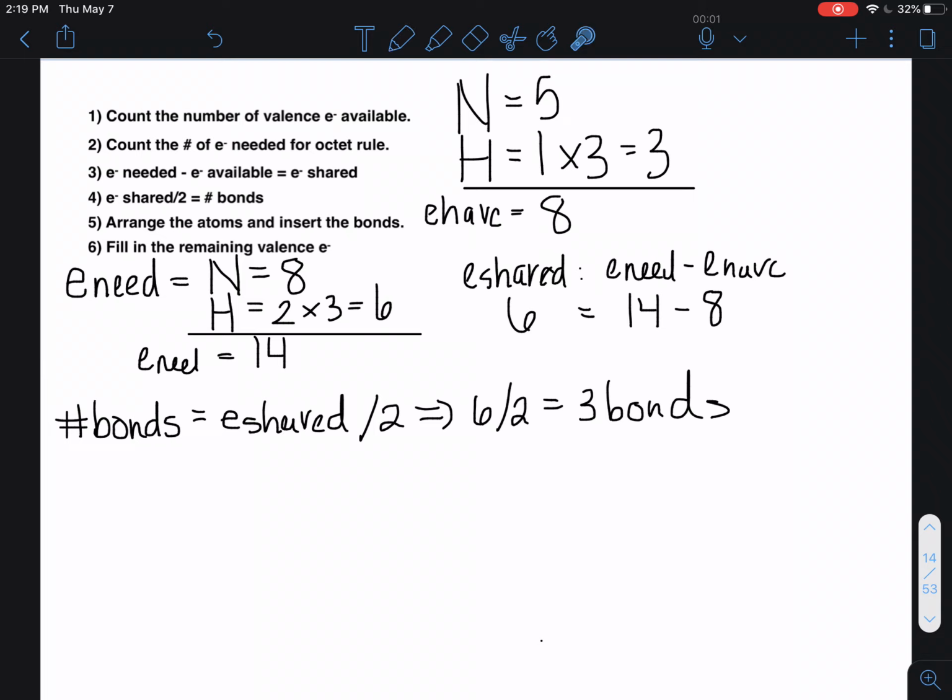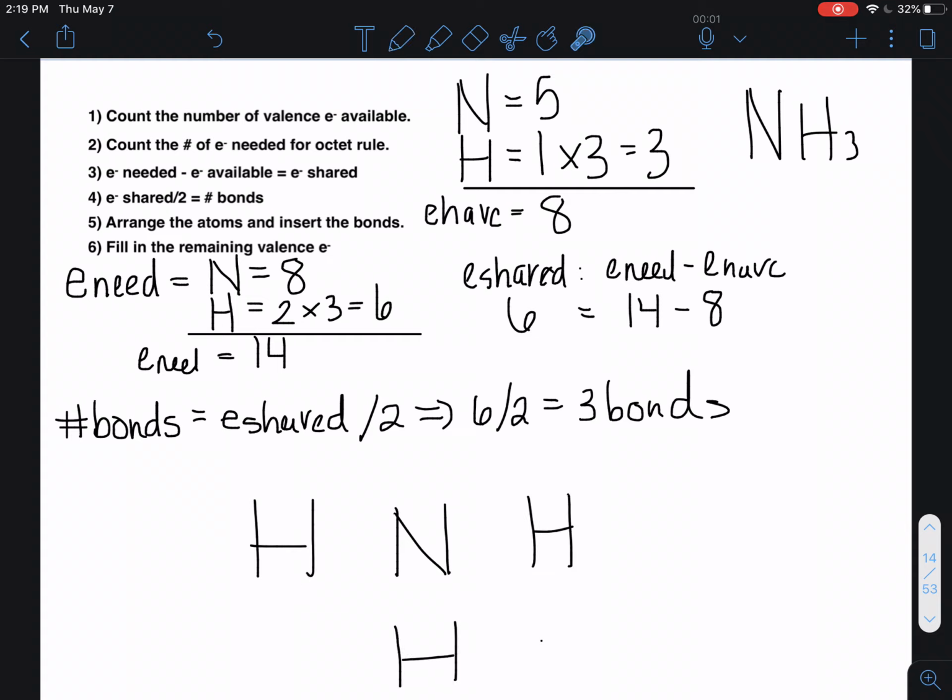Okay? Now we're going to arrange the atoms and insert the bonds. NH3, right? Just to let you know. Sorry, I deleted that. NH3. Nitrogen is the central atom, and we're going to flank it with 3 hydrogens. And because we're working with 3 bonds, I'm just going to place the 3 bonds here, here, and here.